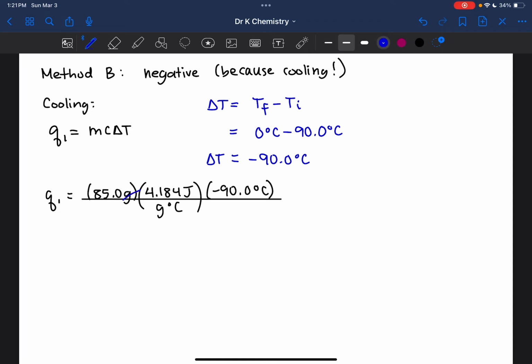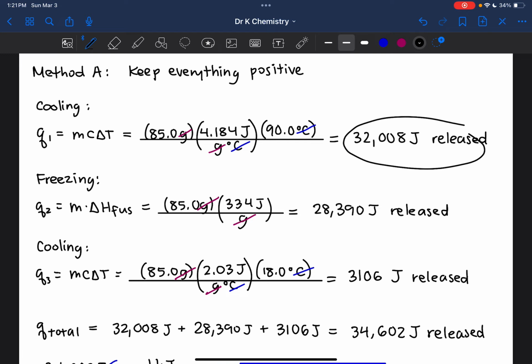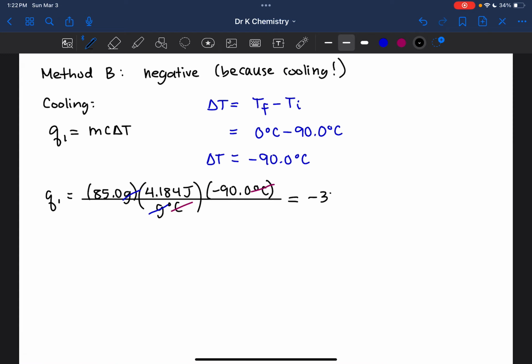And now our grams cancel out, the degrees Celsius cancel out. And if you plug that in, you're going to get the same value we had here, but it will be negative 32,008 joules. And here we don't have to say released because the negative is telling us that that energy is being released.